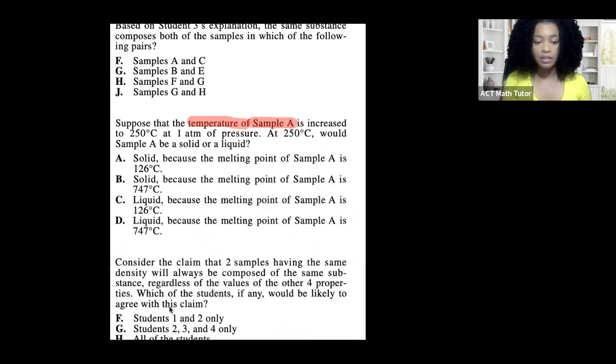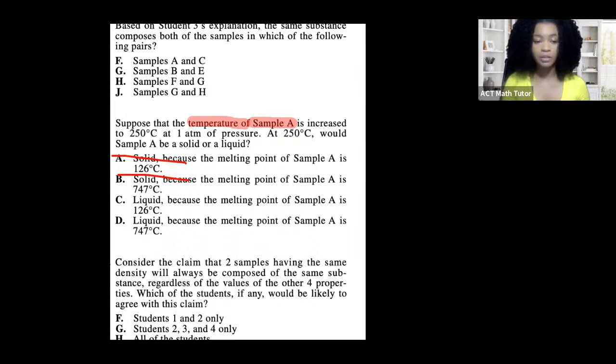That means we can eliminate everything that says solid, right? Don't even read it. We know it's a liquid. Then we just have to have the correct reason. So C says liquid because the melting point of sample A is 126. That's true, that's directly on the chart.